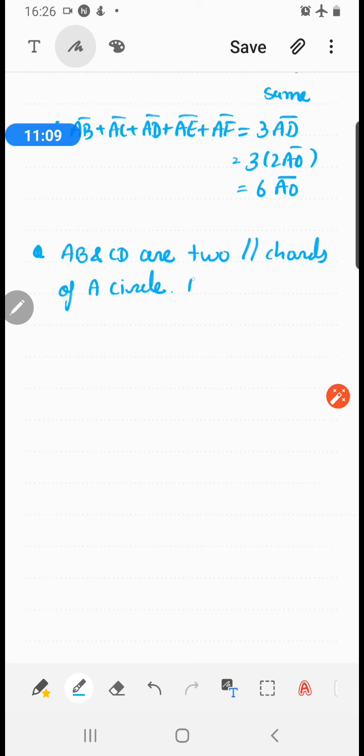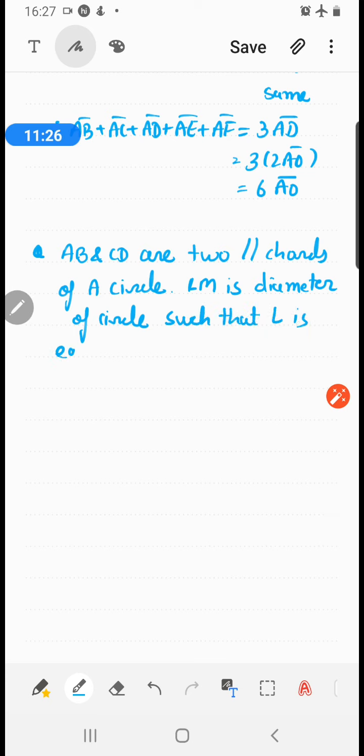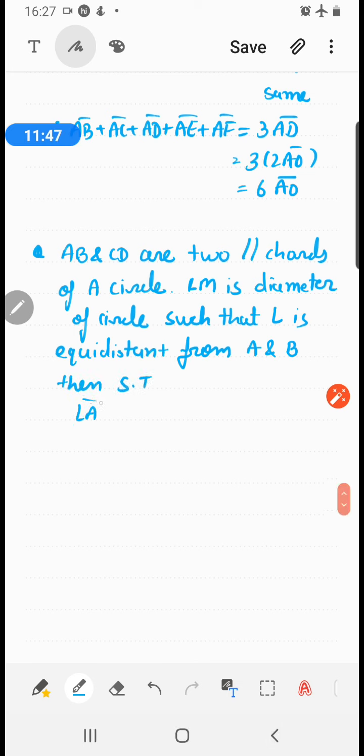LM is the diameter of the circle such that L is equidistant from A and B. Then show that LA bar plus LB bar plus LC bar plus LD bar is equal to 2 times LM bar.